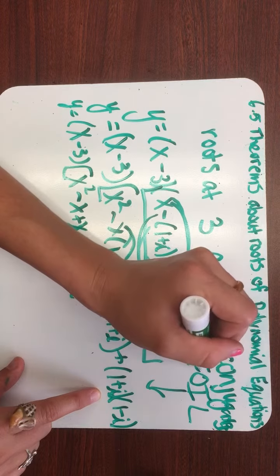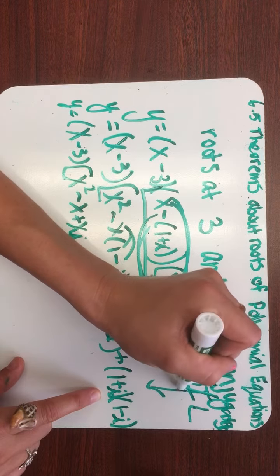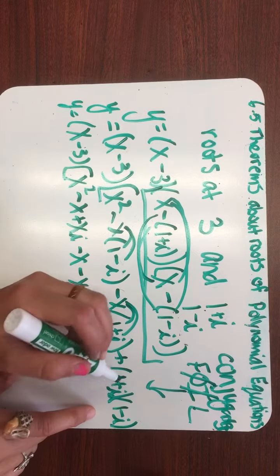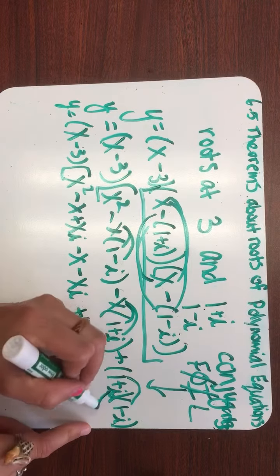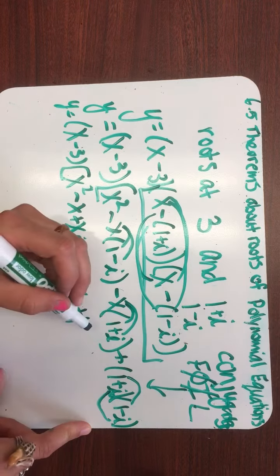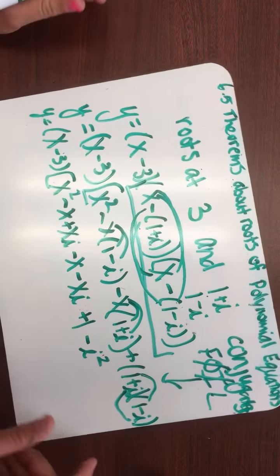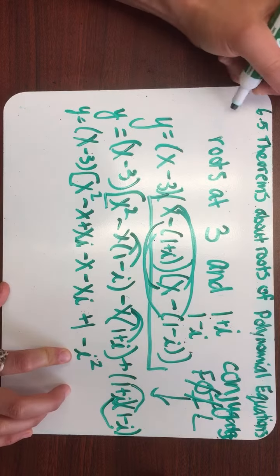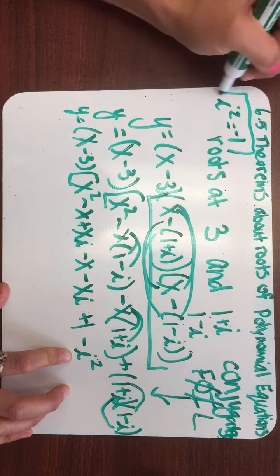You only have to multiply the first and the last terms because the outer and the inner terms will always cancel out. So when I multiply this, I'm only going to multiply the first. 1 times 1 is 1. And the last terms. i times negative i is a negative i squared. So we also need to remember that i squared is equal to -1.